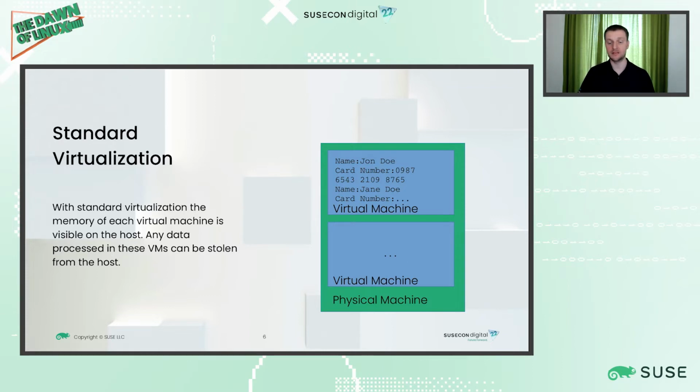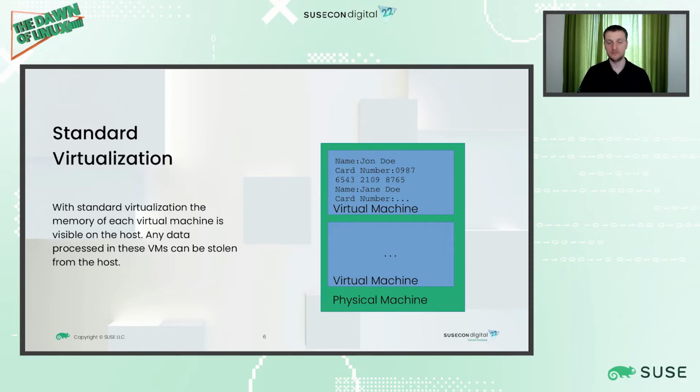It can basically access all memory of the physical machine, which includes the memory of the virtual machines. And with access to the virtual machine memory, everyone on the physical machine can steal data from it. So if any secret data is in the virtual machine's memory, then this can be stolen from the host, from the physical machine, and the virtual machine owner would not even notice that.